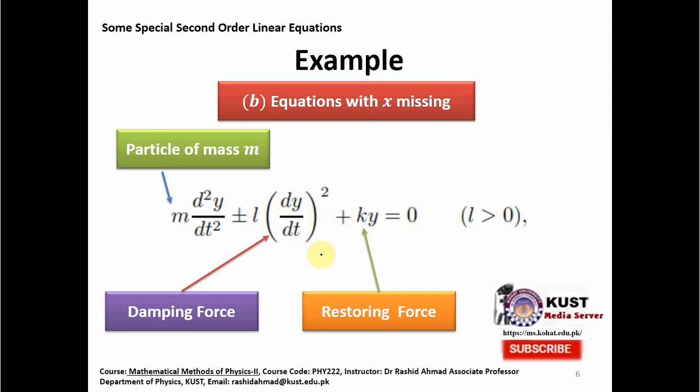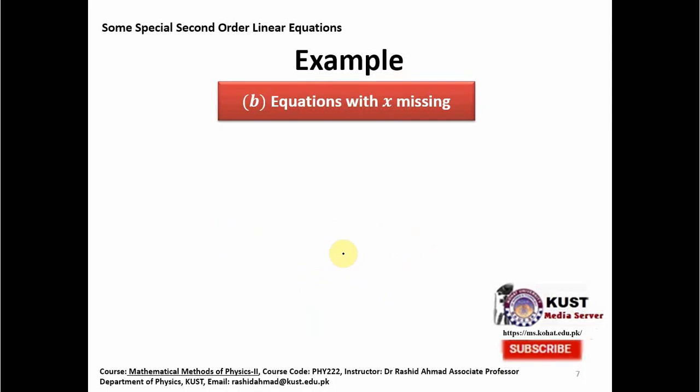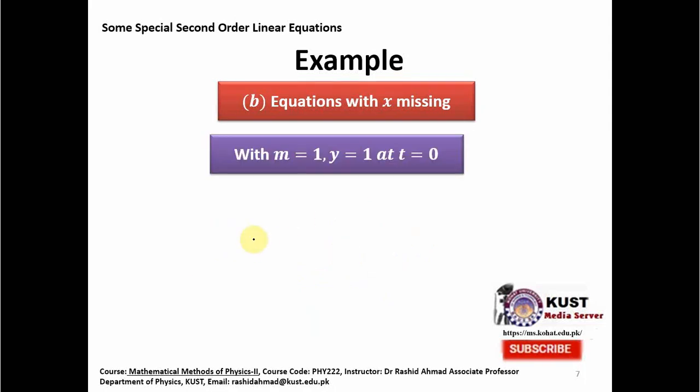But before that I would like to put it into a simpler form by making some assumptions. For example, if you put m equal to 1, y equal to 1, and t equal to 0, using these initial conditions our equation is a little bit simpler, and we have d square y by dt square plus 2 dy by dt times y equal to 0.